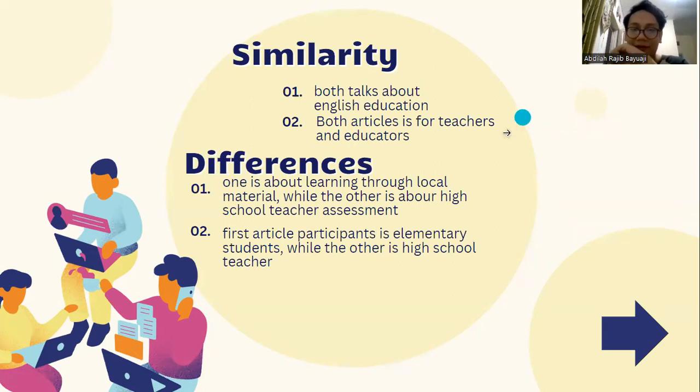The second similarity is that both articles are for teachers and educators. Now the differences: the first one is about learning through local materials, while the other one is about high school teacher assessments. And the last difference is that the first article's participants are elementary school students, while the other's are high school teachers, I'm sorry.